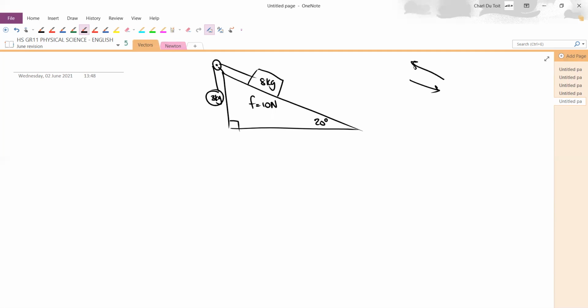If we just look at the following, there are 2 forces on that 8 kg apart from friction. One is the parallel force, the weight parallel. That's what the 8 kg wants to do. It wants to slide down. And then there's another force, which is that rope tension. Or 3 times 9,8.